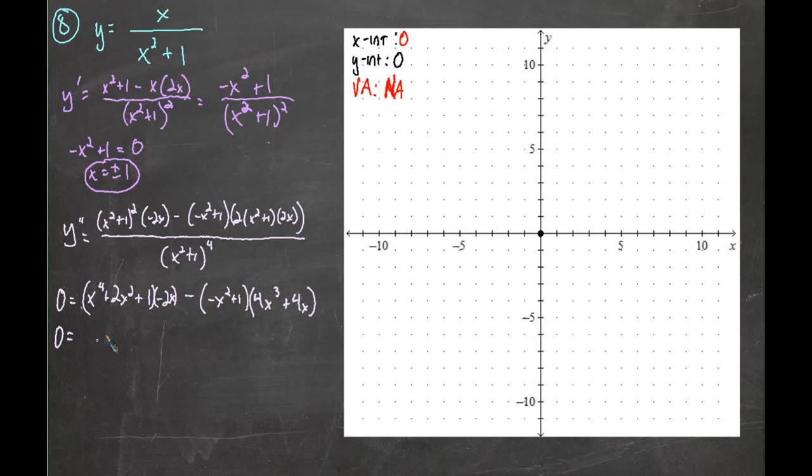0 equals, let's see what to simplify. Negative 2x distributed in here, we get negative 2x to the fifth minus 4x cubed minus 2x, minus, we're going to just multiply these together, negative 4x to the fifth.